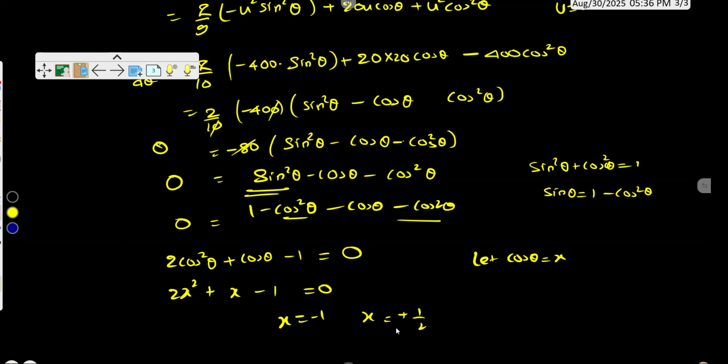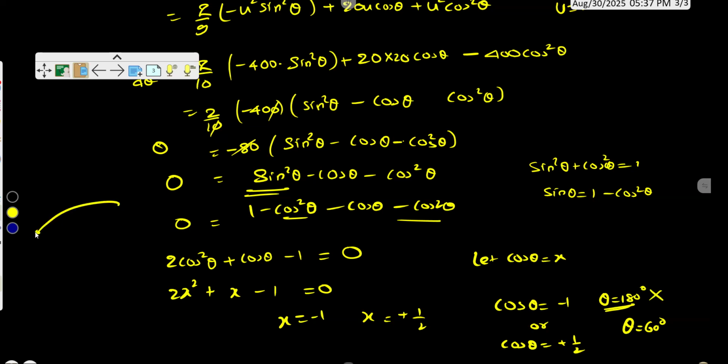That means cos theta is equal to minus 1 or cos theta is equal to plus half. If cos theta is half, theta would be 60 degrees, or theta is 180 degrees for minus 1. 180 degrees is not possible because it has to go in this way only. If 180 degrees is there, it will go backwards, which is not possible. So 60 degrees would be your answer.